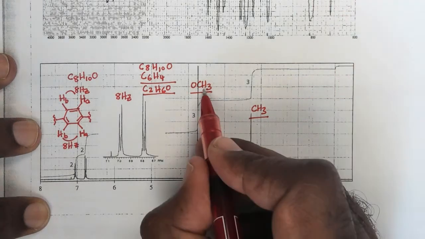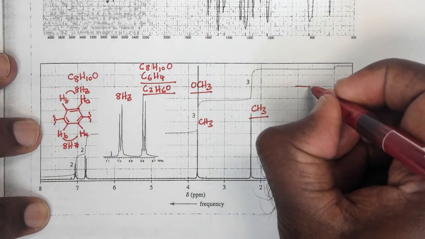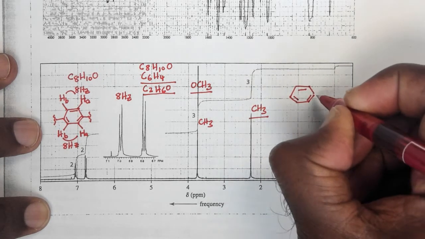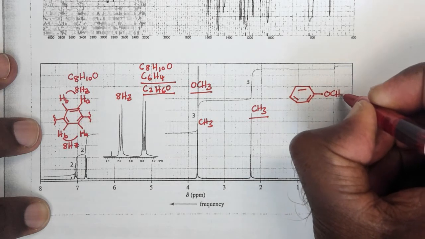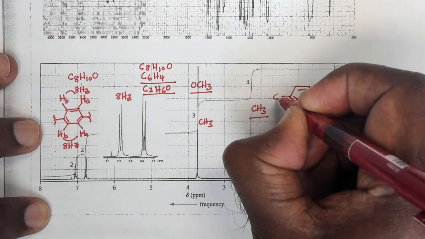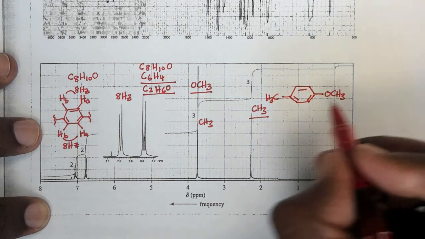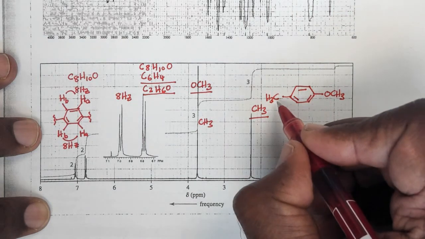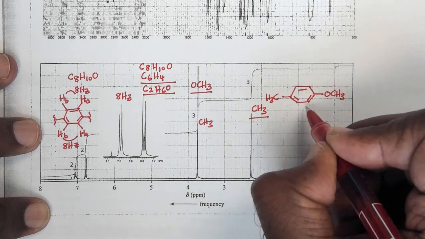So I've got to put this OCH3 and the CH3 at these two positions, and it doesn't really matter at which position I put them because it would be the same, because the molecule is symmetrical. So I can put the OCH3 here and the CH3 on that side, and I would have the structure for this molecule, C8H10O.